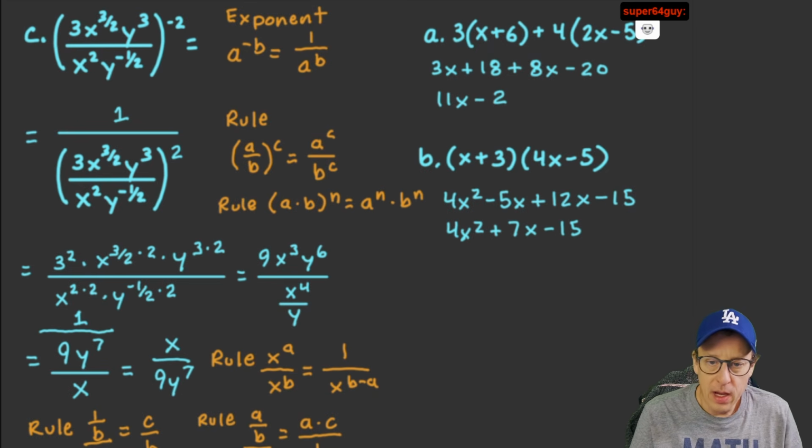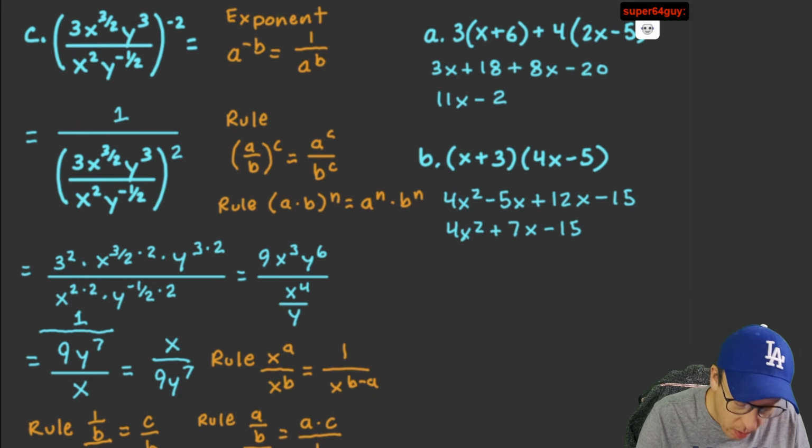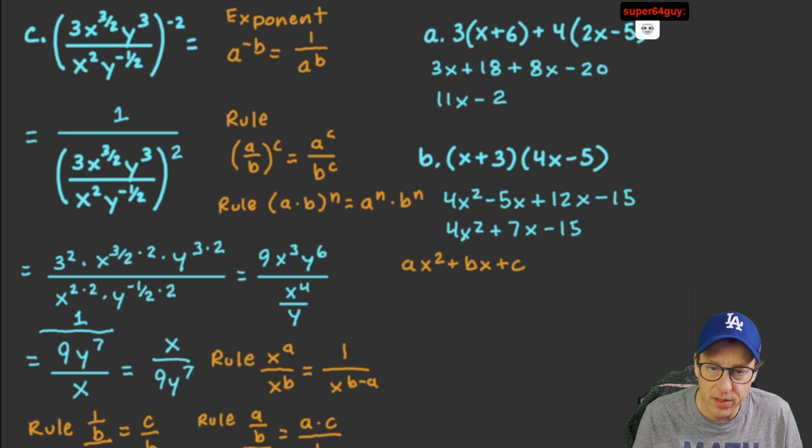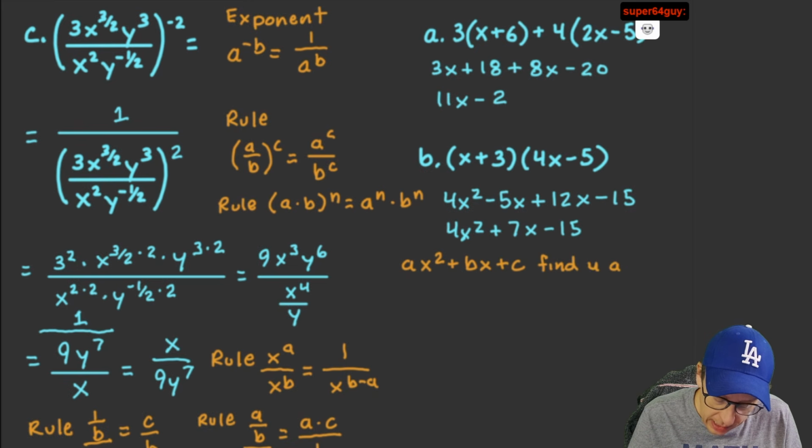All right. And then what we'll need to do is, anytime we have a value that falls into this basic layout, so if you have ax squared plus bx plus c, to solve or simplify it, we're going to need to find two values, a u and a v value.